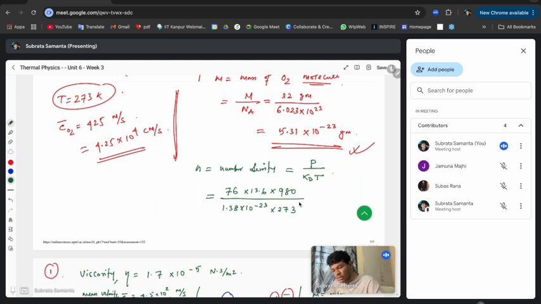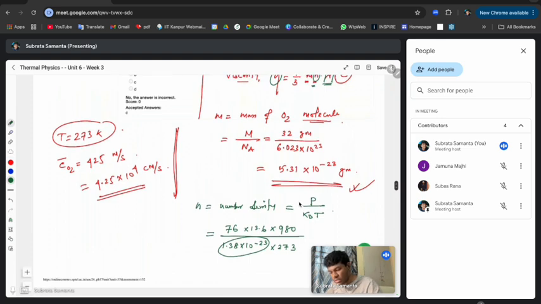So this is the value of kB, 1.38 times 10 to the power minus 23, in SI units, but I have to use CGS units because everywhere I am using CGS units. Therefore we change joule to CGS unit, which is 10 to the power minus 16.